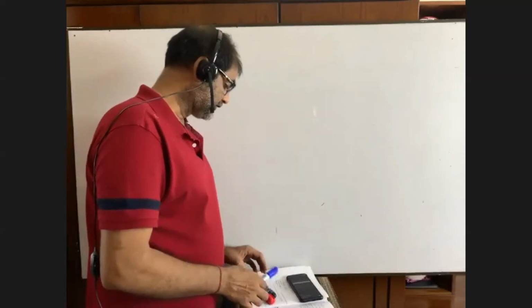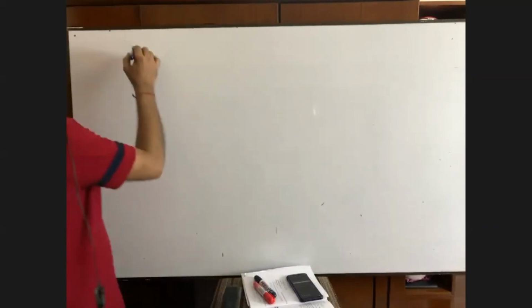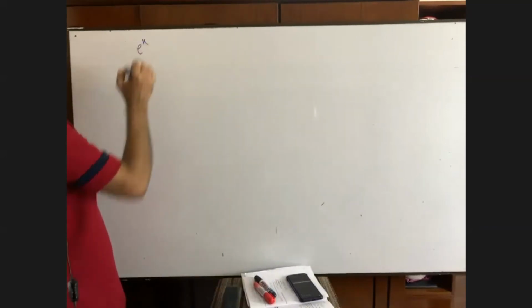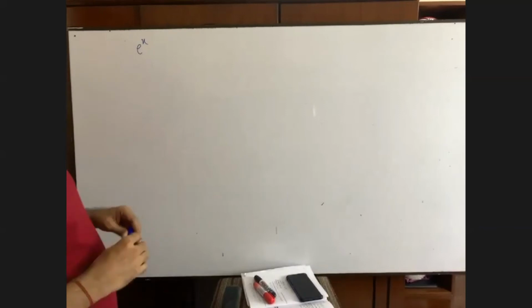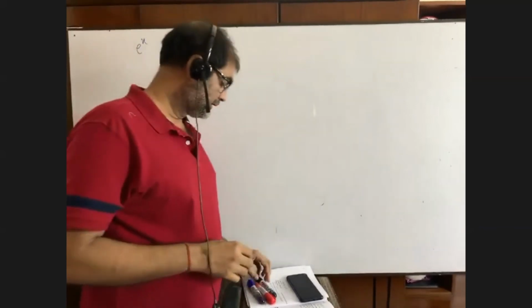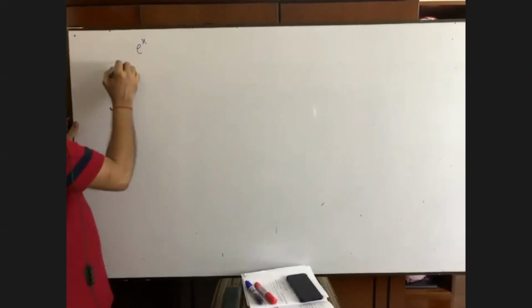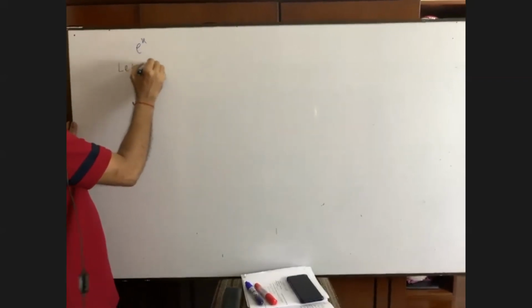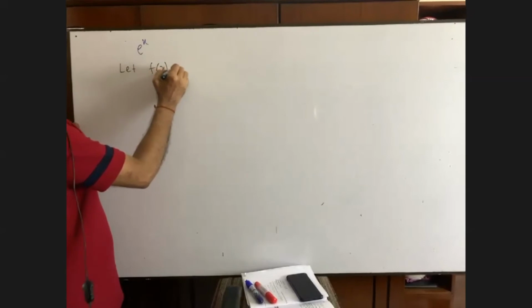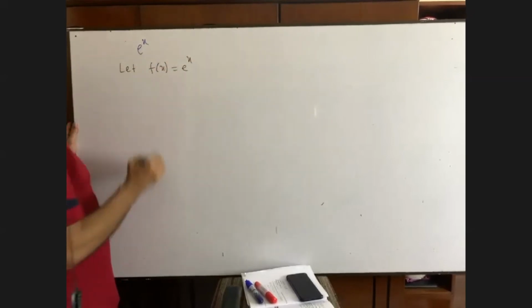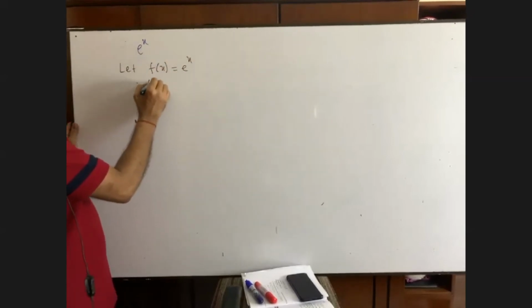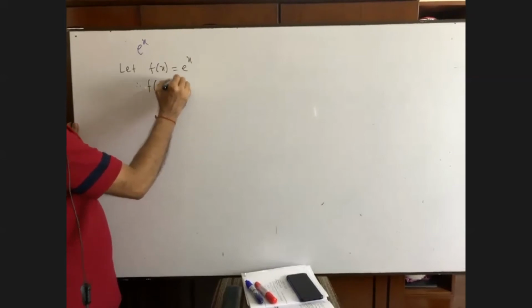E to the power x. What I told you? Yesterday I told you something regarding e to the power 2x. Similarly we can write, let f(x) is equal to e to the power x. Therefore, f of x plus h equals to what?